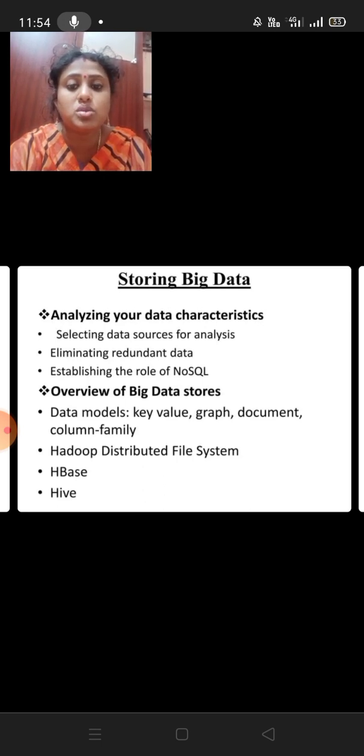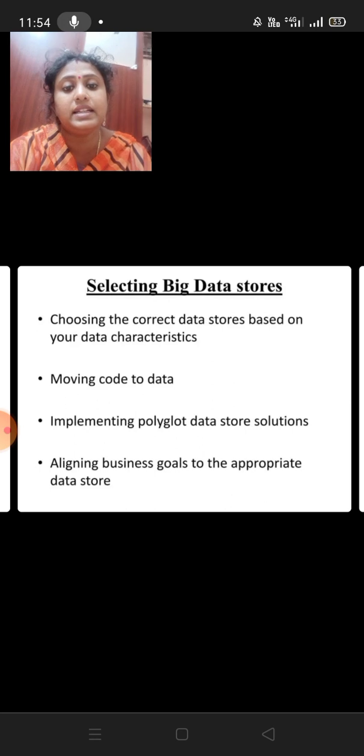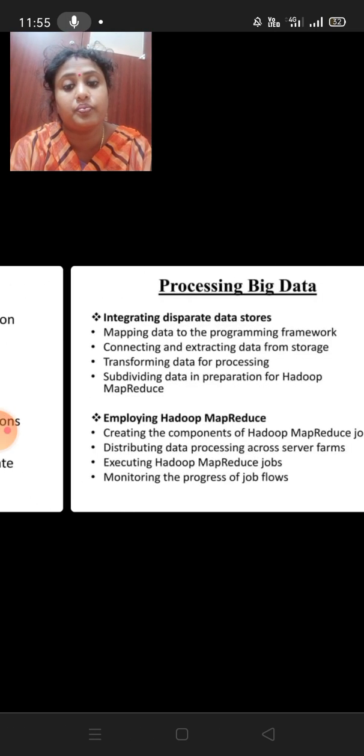Overview of the data sources: data models, key value, graph, document, column family, Hadoop distributed file system, HBase, and Hive. Selecting big data stores means choosing the correct data sources based on your data characteristics, moving code to data, implementing polyglot data store solutions, and aligning business goals to the appropriate data source.